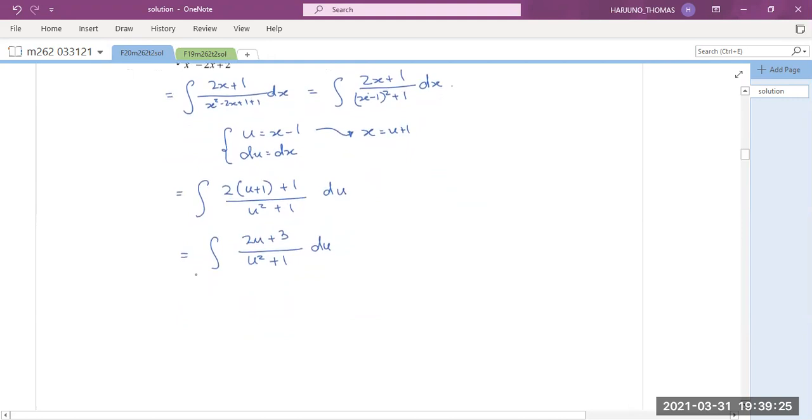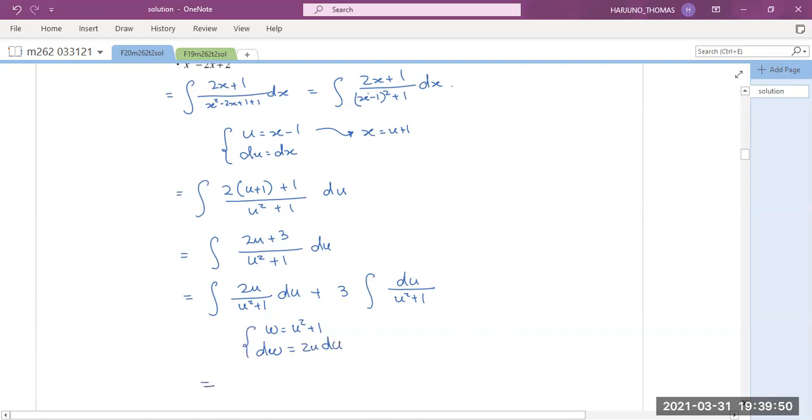I will separate them. This is the integral of 2u over u squared plus 1 du plus 3 times the integral of du over u squared plus 1. Now, if w equals u squared plus 1, then dw is 2u du, right?